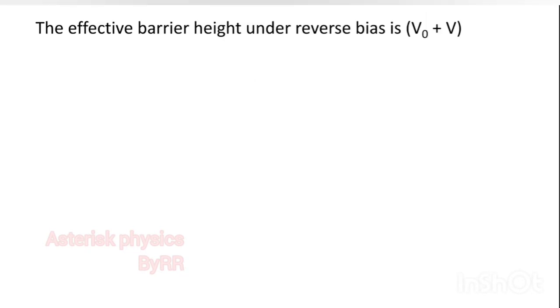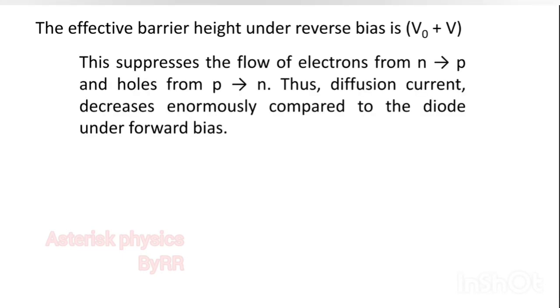The effective barrier height under reverse bias is V0 plus V. This suppresses the flow of electrons from the N region to the P side and holes from P to N side.